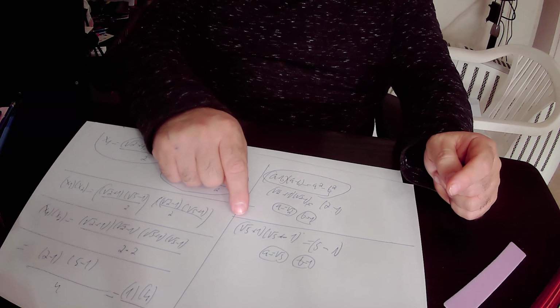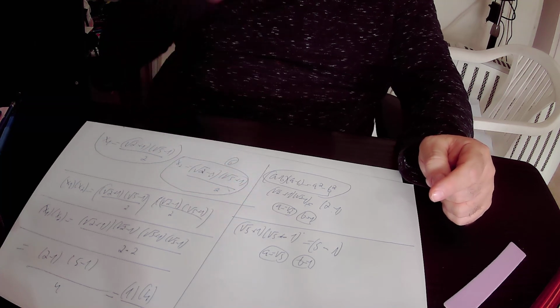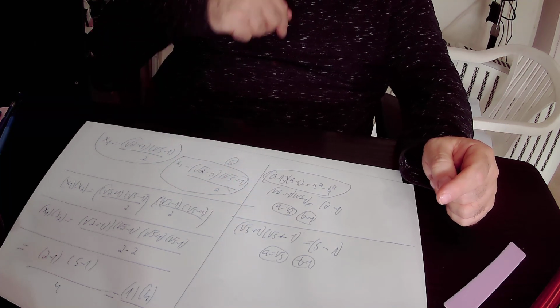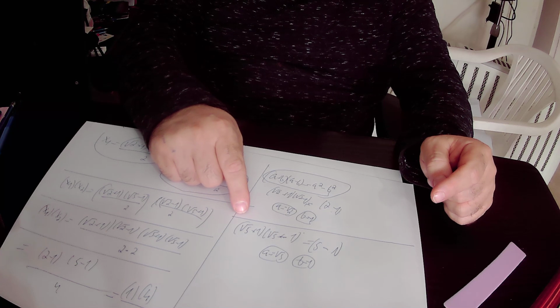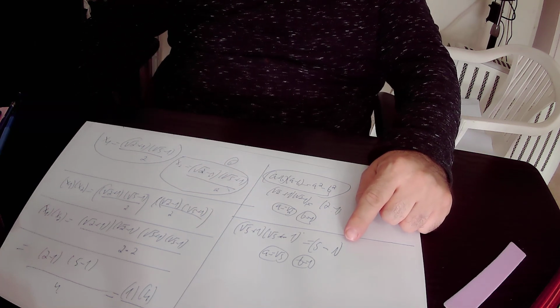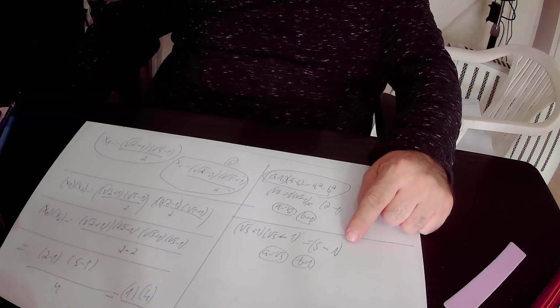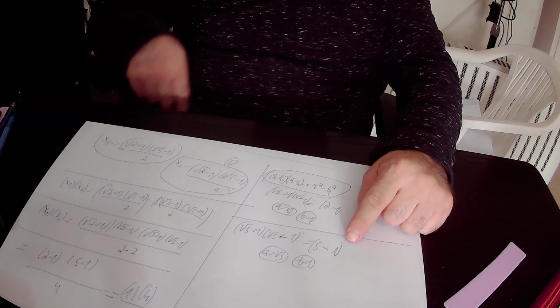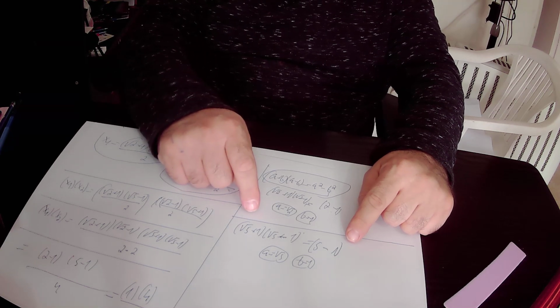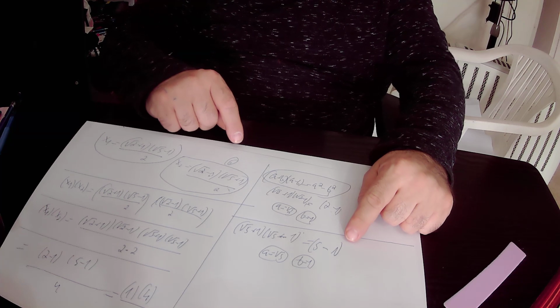In our specific expression, a is square root of 5, b is 1. So a squared is square root of 5 squared, which is 5. Minus b squared, b is 1, 1 squared is 1. So in conclusion, square root of 5 plus 1 times square root of 5 minus 1 equals 5 minus 1.